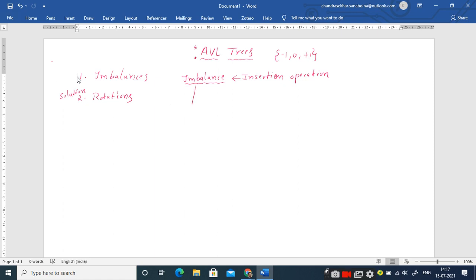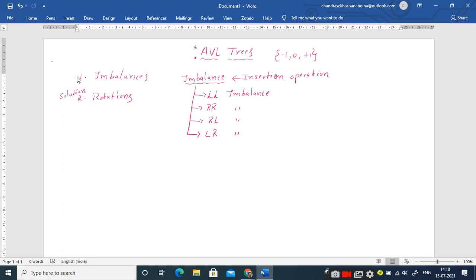So there are 4 varieties of imbalances we have. We call the first the LL imbalance, which stands for left of left imbalance, and the second category is the RR imbalance, which stands for right of right imbalance, and the third category is the RL imbalance, which stands for right of left imbalance, and the last category of imbalance is the LR imbalance, which stands for left of right imbalance.